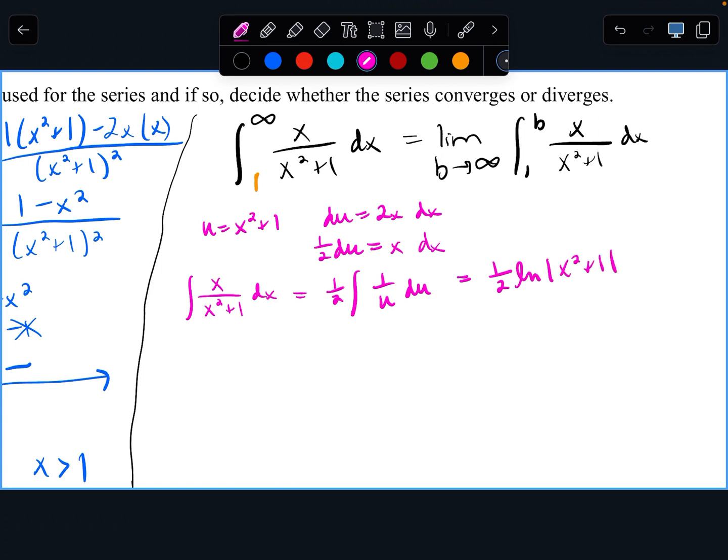So what is that? x squared plus 1. Technically plus c, right? Now the reason I'm doing this off to the side is, again, I don't want to deal with writing the limit over and over and adjusting my bounds. Because the second I use u sub, I have to adjust my bounds. So now I can actually put in my antiderivative.